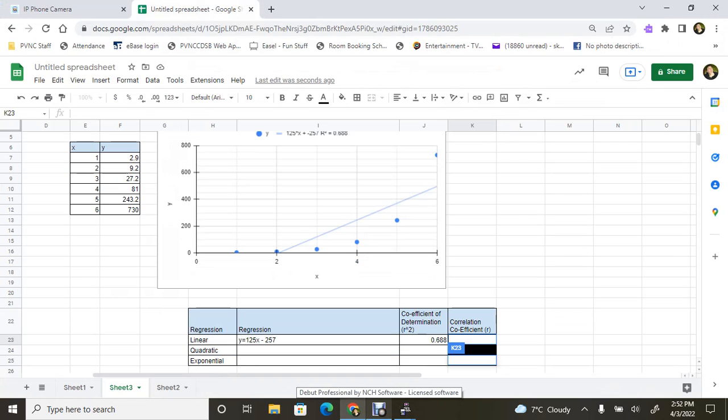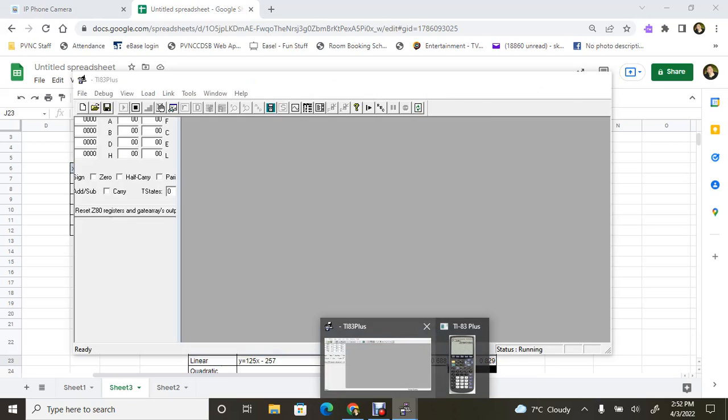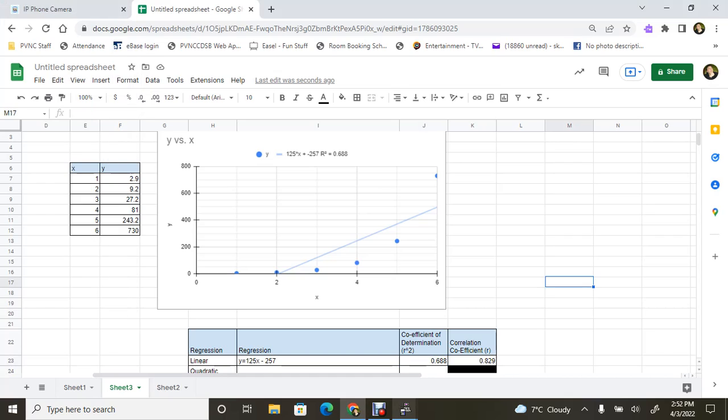So over here we put 0.829. It's not 9. It's just the square root of this 0.688, which comes from up here. So again, it's the square root of 0.688, which goes there.